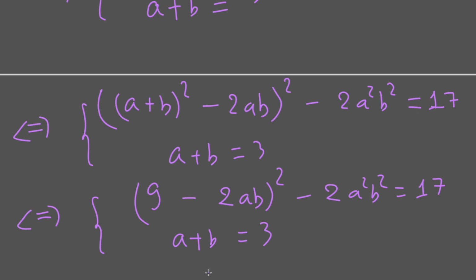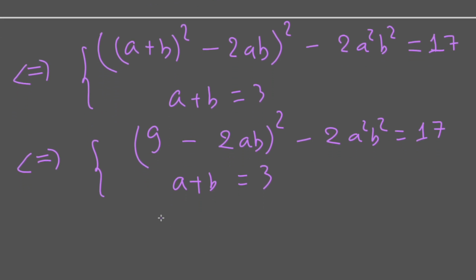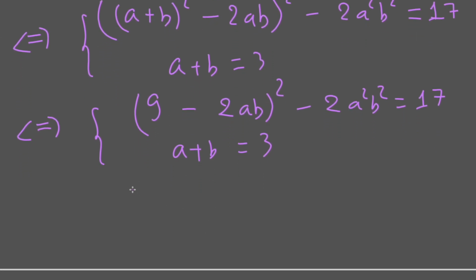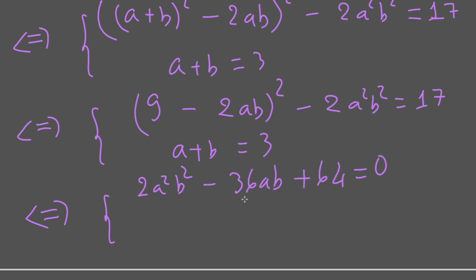Finally, you will have a quadratic equation of ap: 2a squared p squared minus 36ap plus 64 equal to 0.